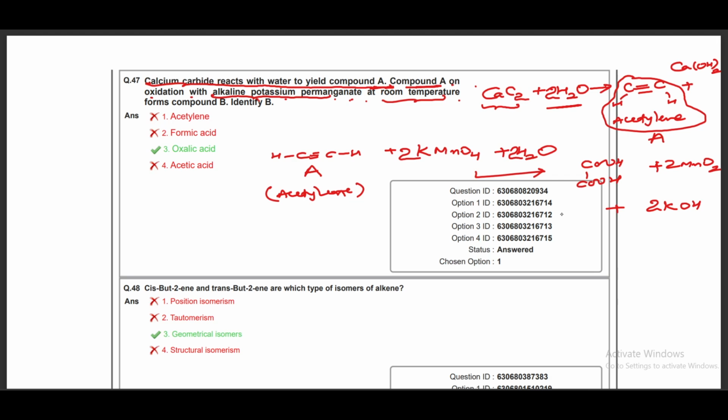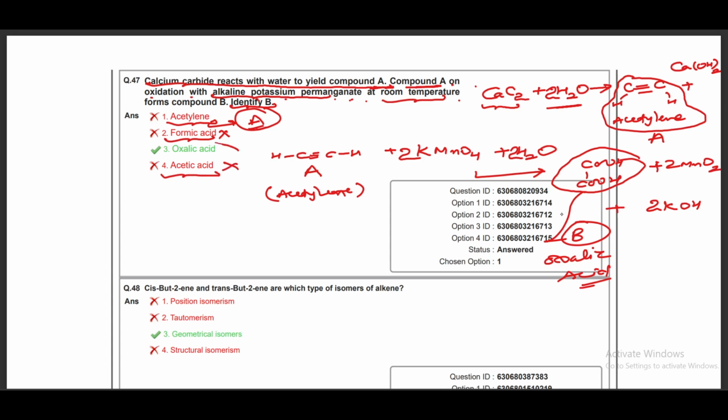The main product is oxalic acid. Clear? This is B. So acetylene is A, and we have to tell the answer, the B compound. Formic acid is wrong. Acetic acid is also wrong. So oxalic acid is the correct answer, that is the B compound. So the third option is the correct answer here.